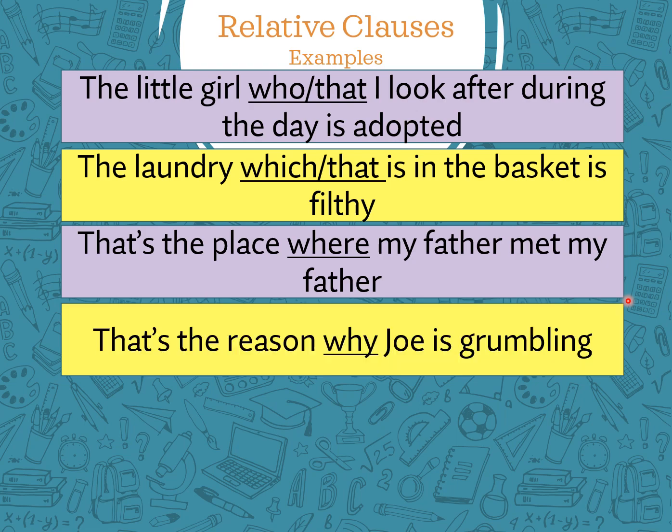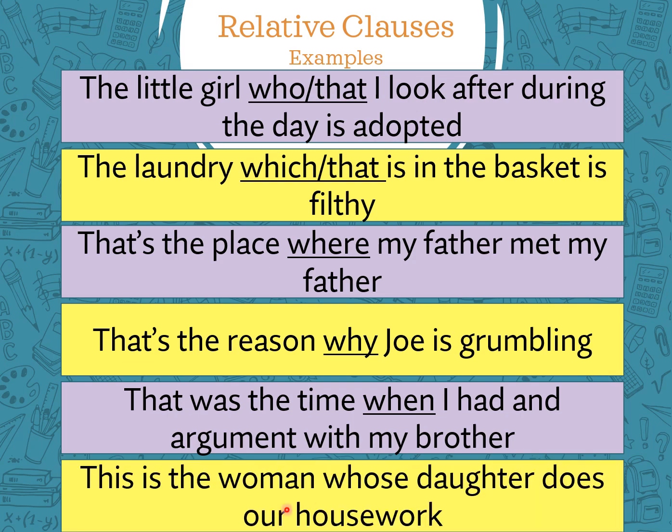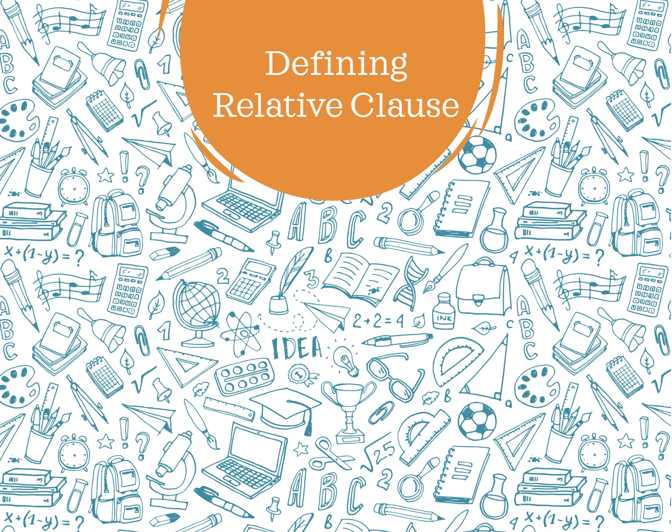Okay, error. Next, that's the reason why Joe is grumbling. That was the time when I had an argument with my brother. This is the woman whose daughter does our housework. Okay, lupa nak underline.